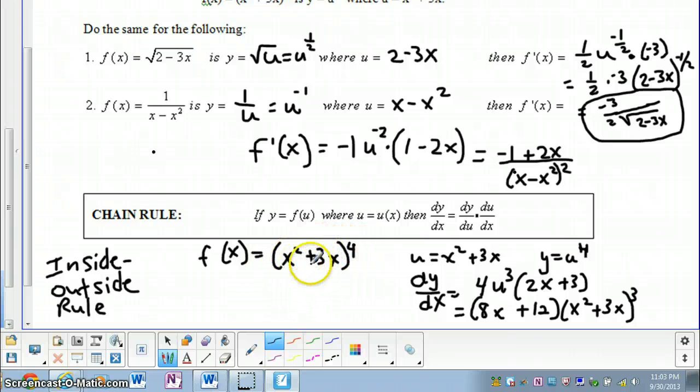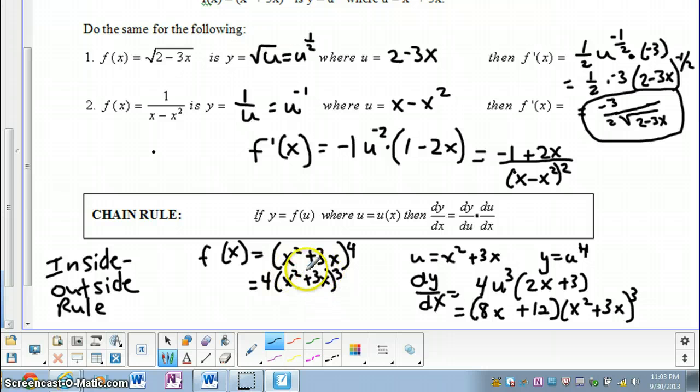So if you think of this just like we did, set that as u, take the derivative and using the power rule, it would be 4. Here, when you're using this inside-outside, which is another name for the chain rule, you leave this all alone. You subtract 1 here.